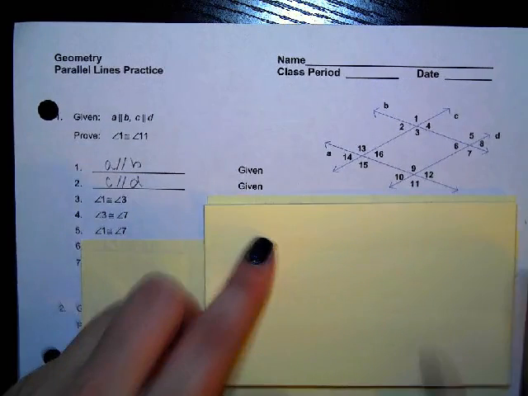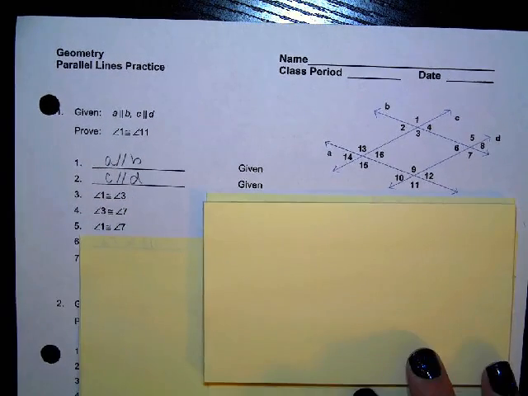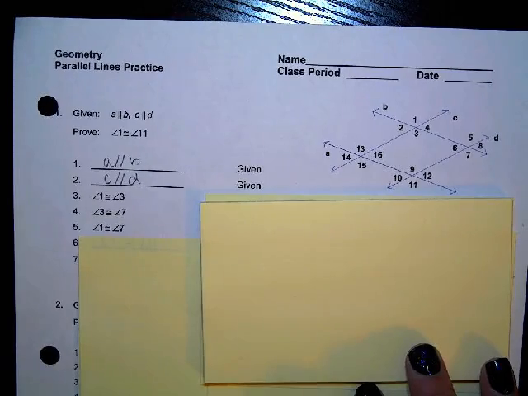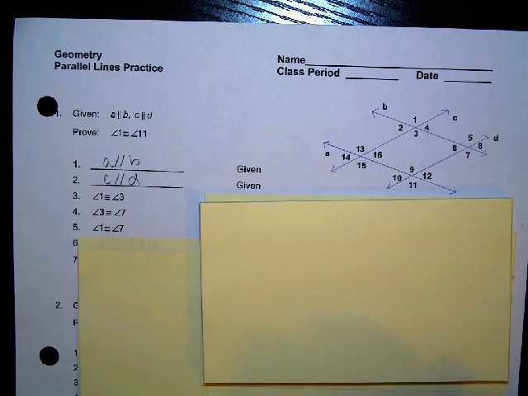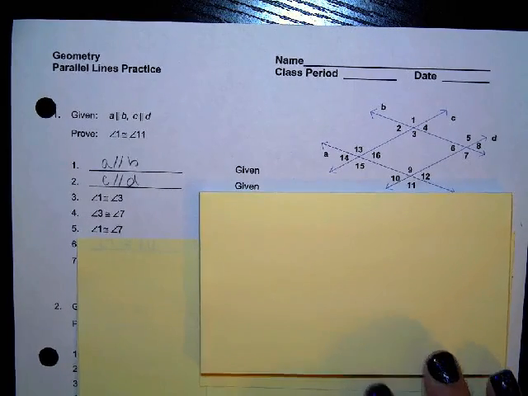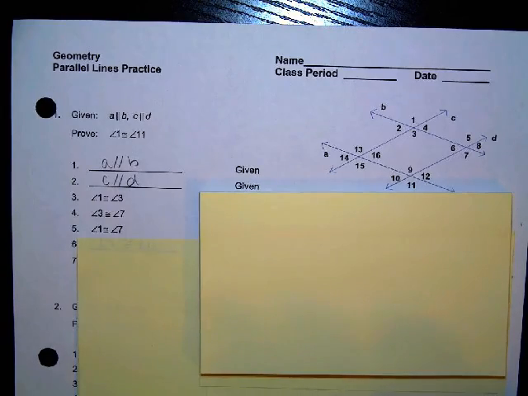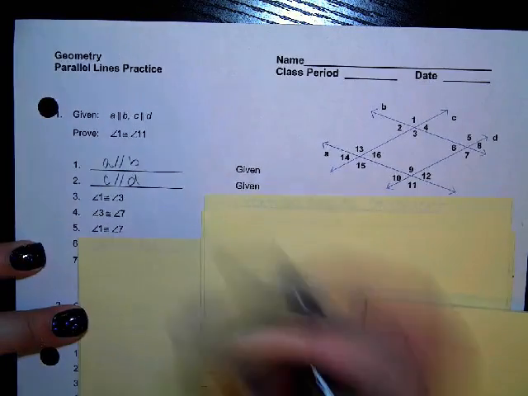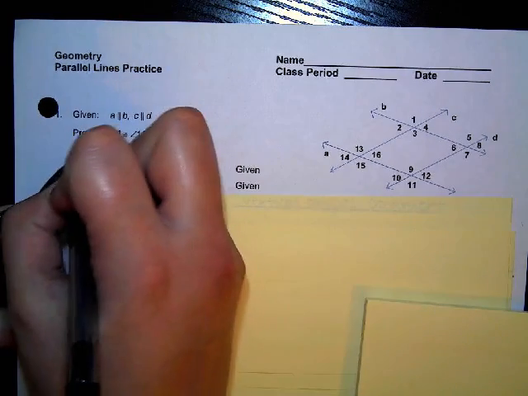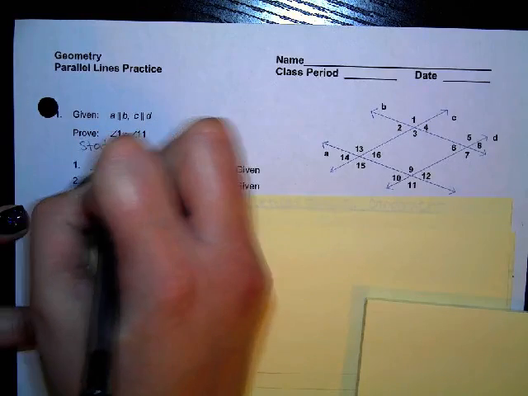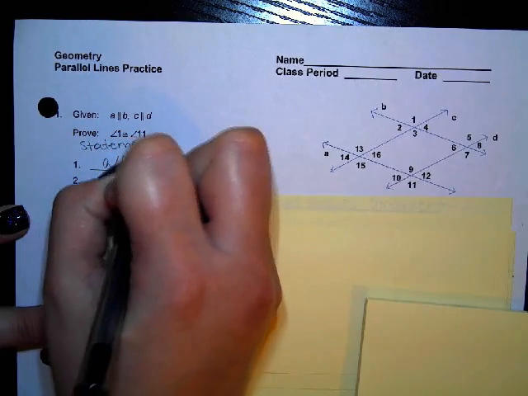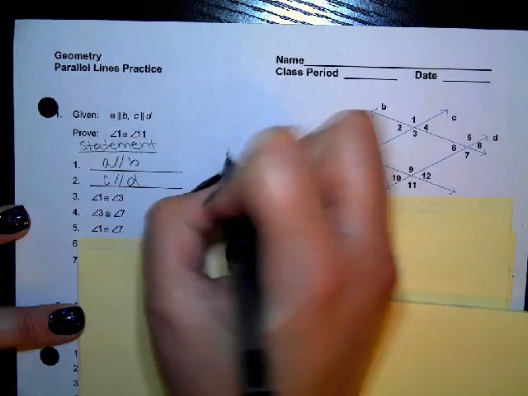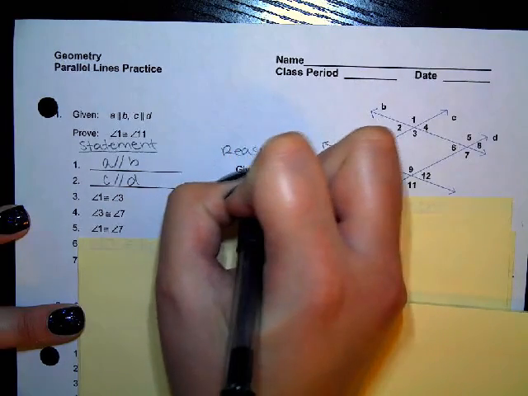They're vertical angles, okay? So in that space on the right, this is a two-column proof. They didn't write statement and reason, and if you want to add that to your paper, you can. On the left side is the statement, and over here is the reason. So 1 is congruent to 3 because they are vertical angles. Vertical angles are congruent.